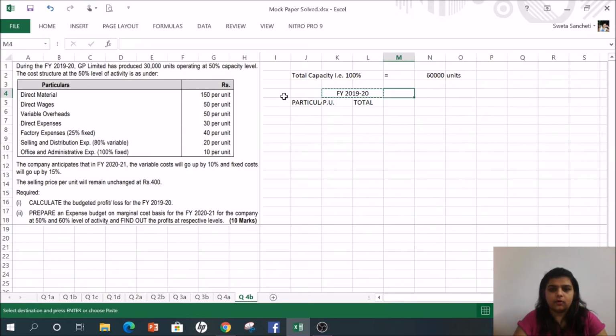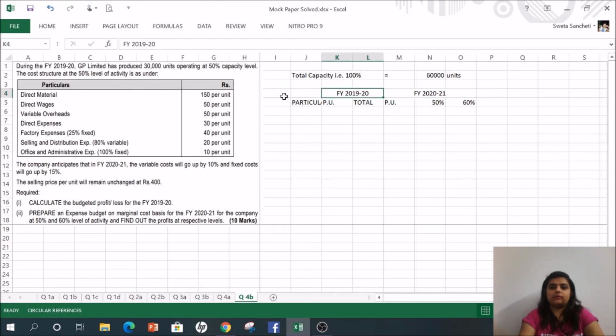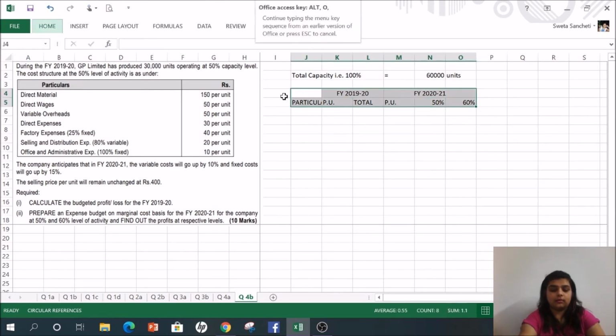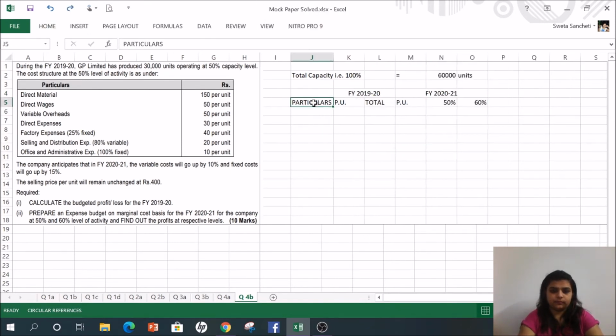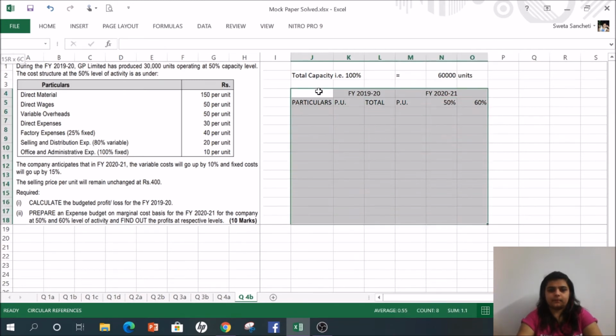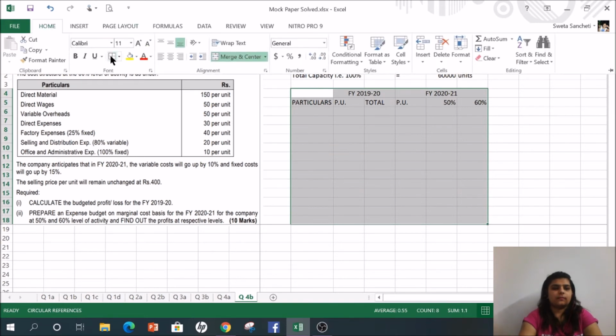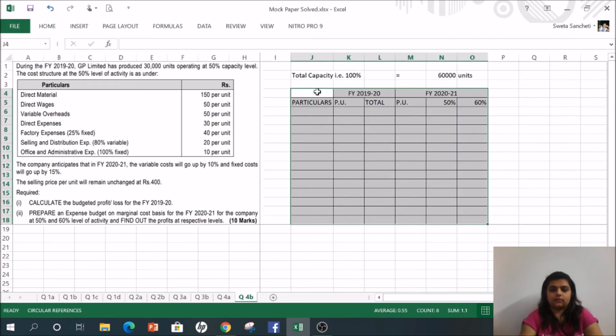Similarly for FY 2021 we are going to have 3 columns, that is per unit, then at 50% level and at 60% level. If we are able to finish this table, I think all our requirements would be fulfilled. Let us start.